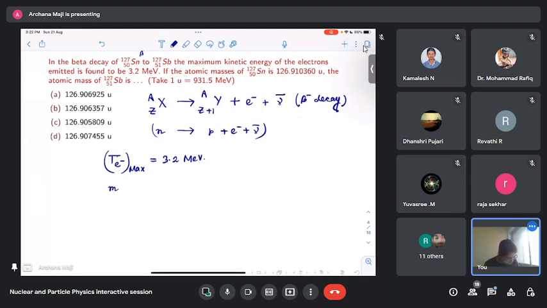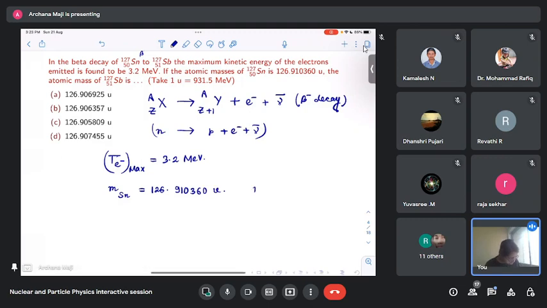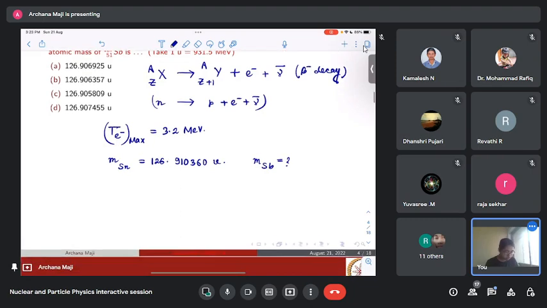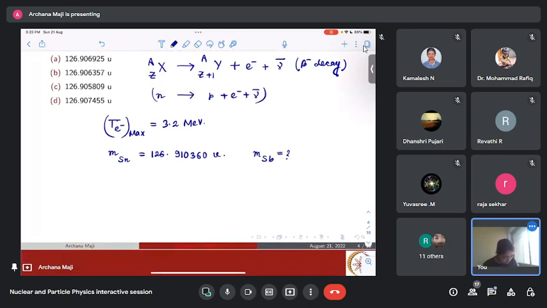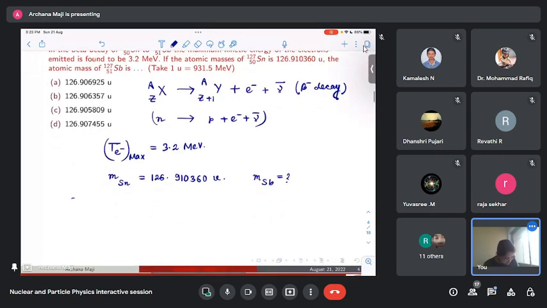Atomic mass of Sn is equal to atomic mass unit. What is the atomic mass of Sb? Basically, for this reaction, the Q value of beta decay is the maximum kinetic energy of the electron.